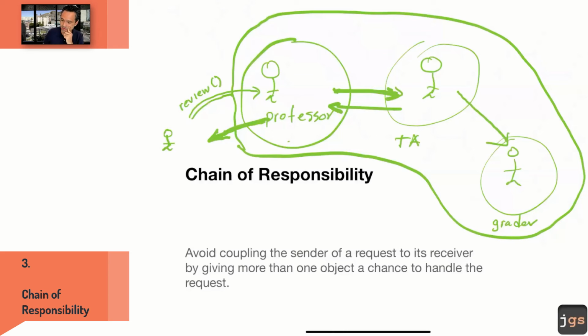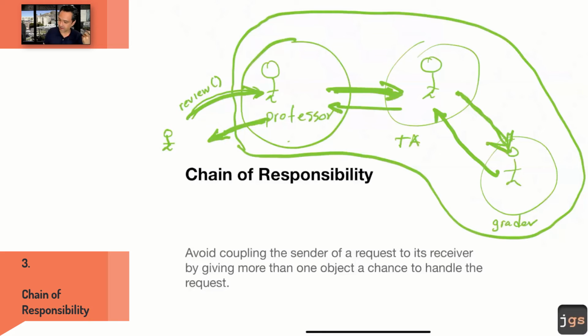The professor received the request, sent the request to another one, the TA, but this TA, instead of replying to me, maybe sends the request to someone else, for instance, a grader. Again, the grader is the one that is going to process the request and is going to reply to the TA.